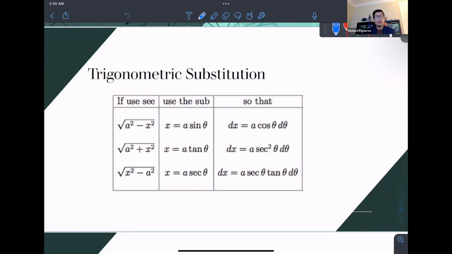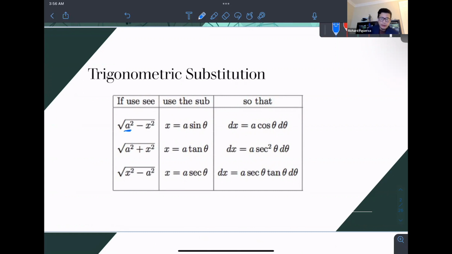Okay, so for example, if we see a given integrand which involves the square root of a squared minus x squared, wherein a here is a constant. Remember in inverse sine, that is 1 minus u squared.